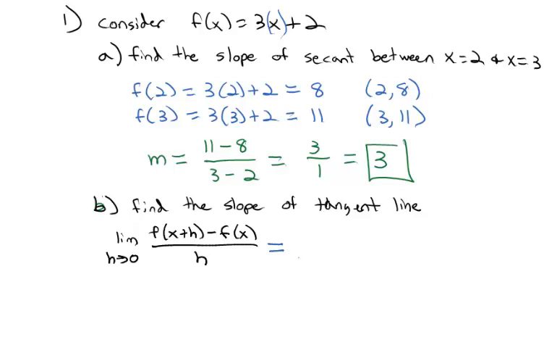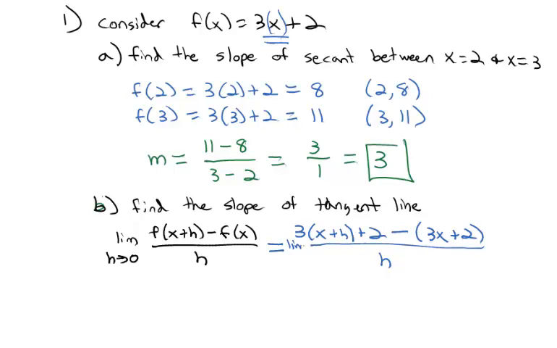So first, f of x plus h means we're going to stick in x plus h for the x. So it's 3 times x plus h plus 2. And then we subtract the entire f of x function, and we'll put that in parentheses, 3x plus 2, all over h.